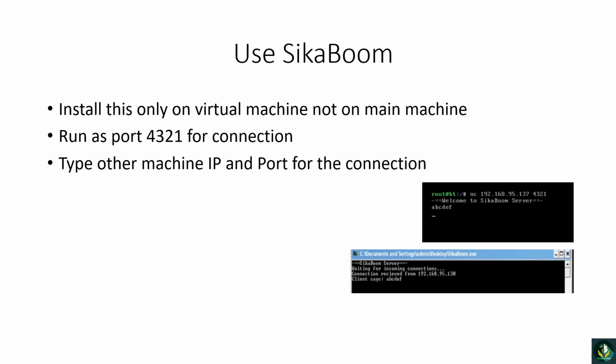Another way to use it is to type telnet, space, the IP, space, the port number, and it will connect to this open port, and as you can see in this picture, it is connected.